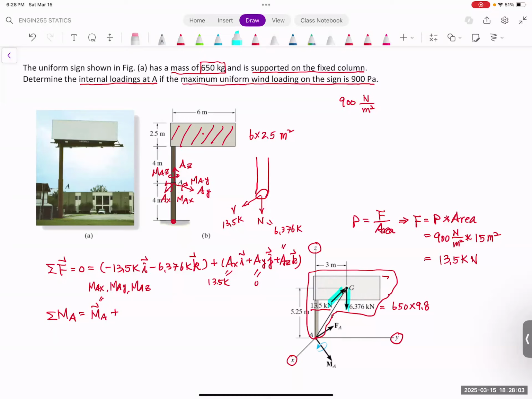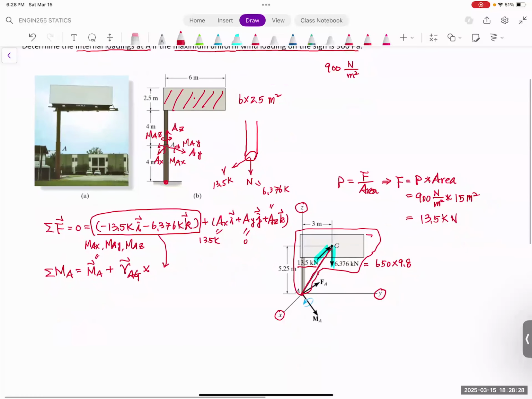We are going to use R cross F, where your R is going to be the R from A to G. So we're going to have R A to G cross your F. Your F is going to be this one here. Okay, so let's look at what RAG is equal to.